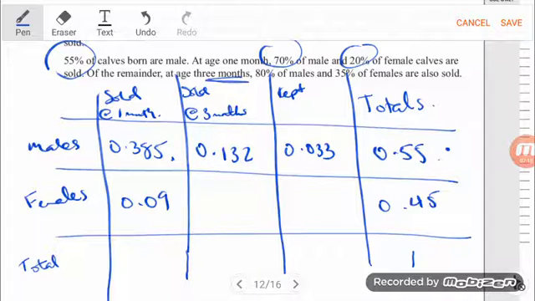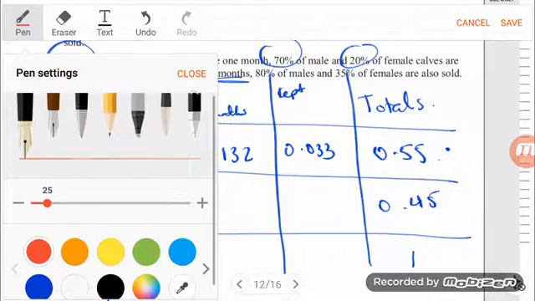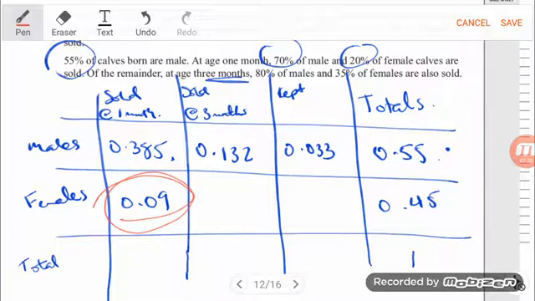Sold at 3 months, 35% of females. Again, we need to subtract what's here. Okay, again, not so obvious as the probability tree. So we've got 0.45 times, 0.45 minus 0.09 is equal to 0.36, times 0.35 for sold, which gives us 0.126.